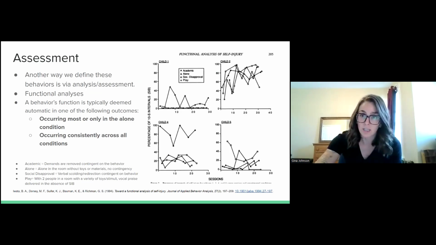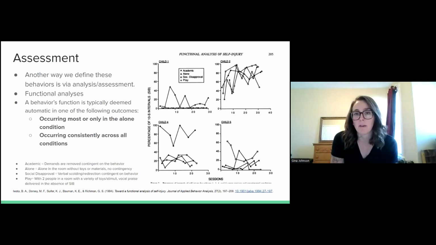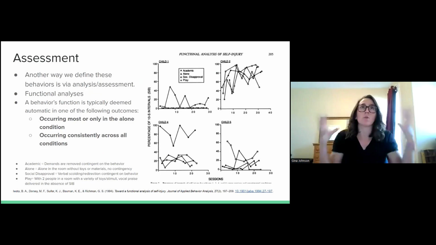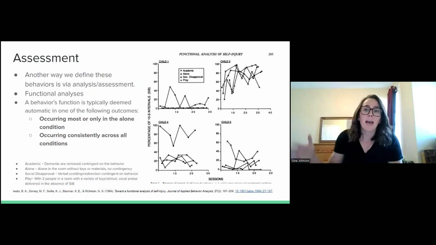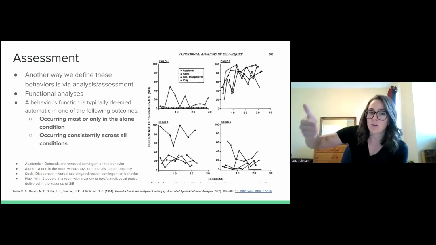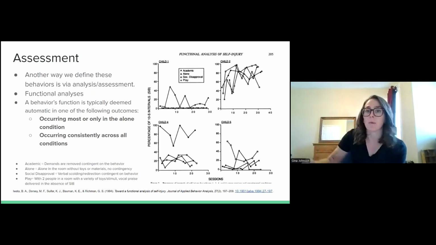So originally in ABA, right, the original way that we as a science devised to identify the function of behavior is through functional analysis, which is this system of controlling all of the conditions and then applying each reinforcer following a behavior to see which reinforcer increases or maintains a certain behavior, right?